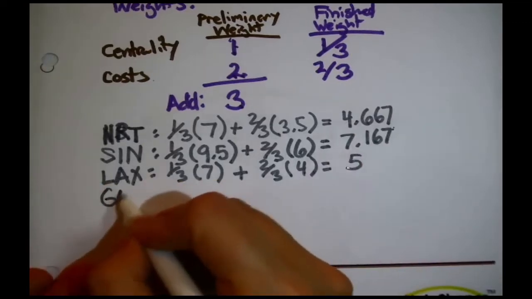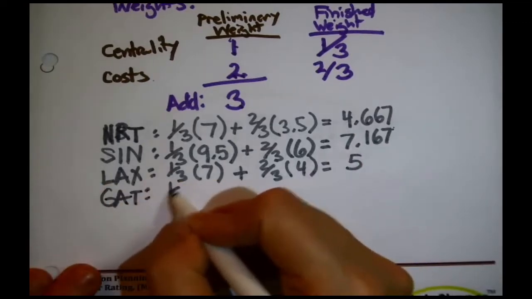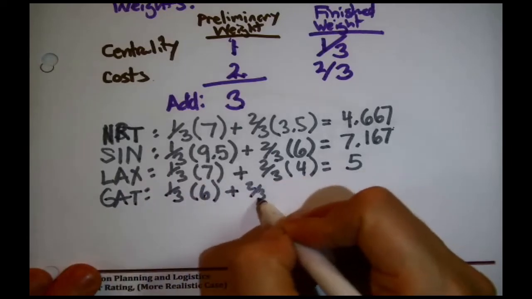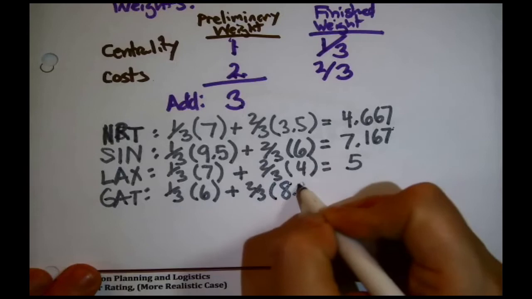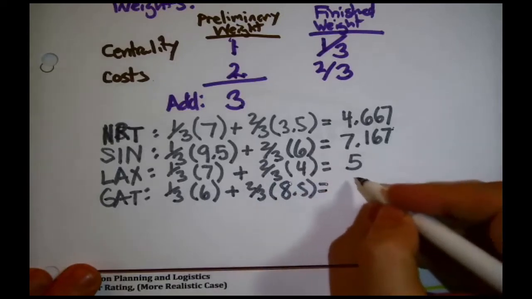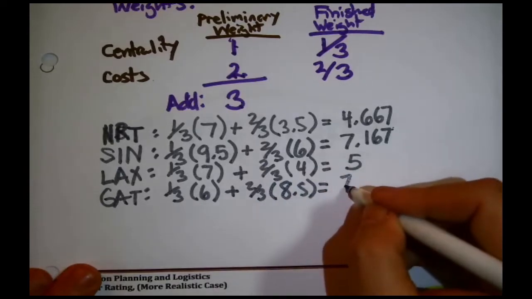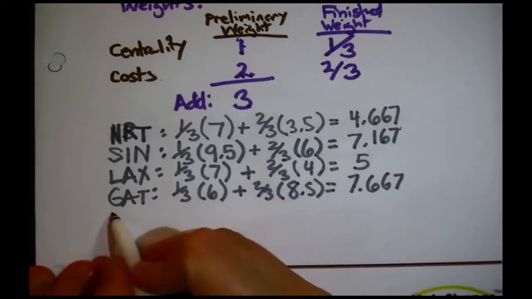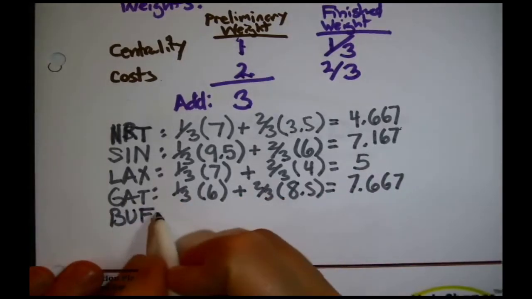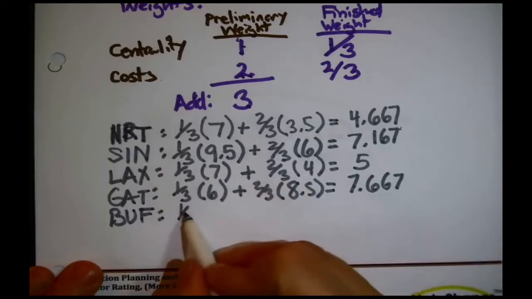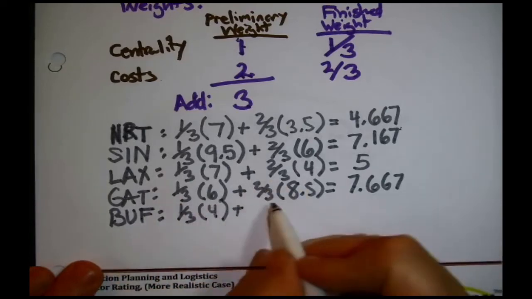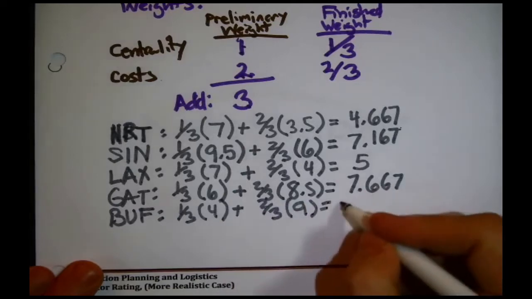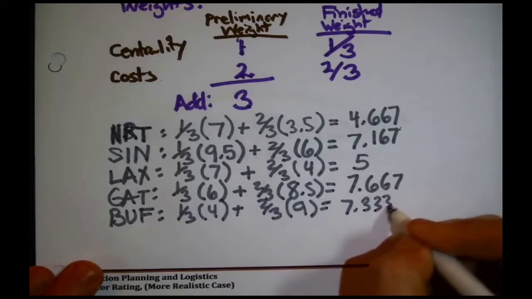Then London's Gatwick Airport, 1/3 times 6, plus 2/3 times 8.5 is a combined weighted score of 7.667. And then finally, New York's Buffalo Niagara Airport, 1/3 times 4 plus 2/3 times 9 equals 7.33, basically 7 1/3.